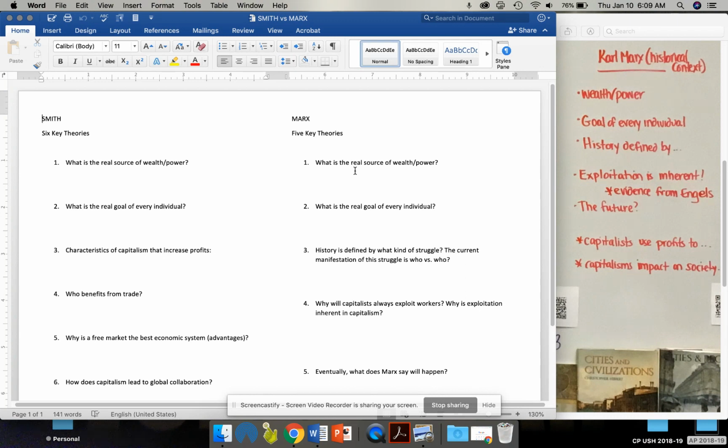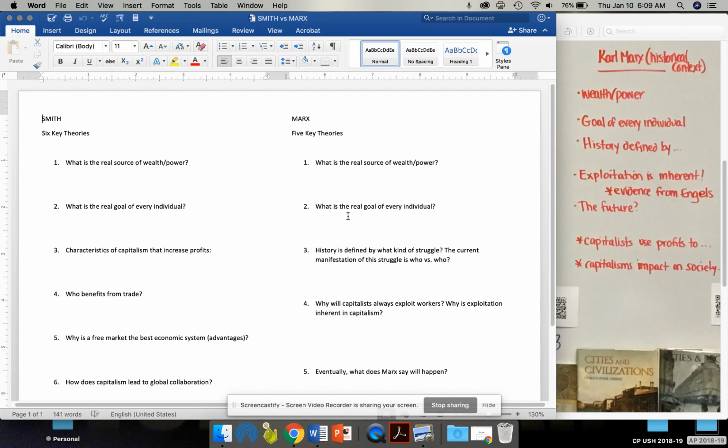It's the creative act, the ability to create that is in every single human being. So whereas Adam Smith puts the emphasis on this object and profit, Karl Marx puts the emphasis solidly on people. And this is going to shift his entire perspective, and he's going to be much more concerned with people.